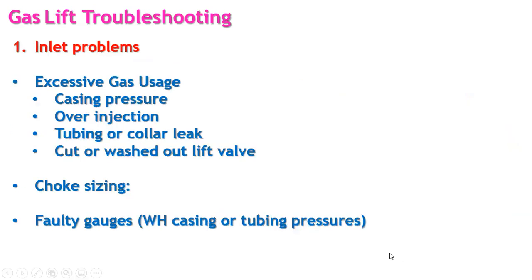Inlet problems include excessive gas use due to casing pressure, over-injection, tubing or collar leak, and washout leaks. Those are problems causing us to use more gas than we should. Also, choke sizing: maybe we are using the wrong choke size, bigger than what we require, or faulty gauges.